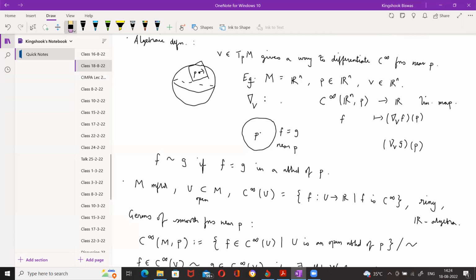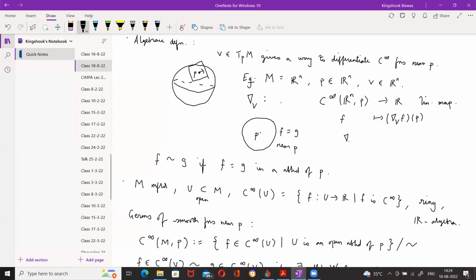It's a linear map, but algebraically, what is the property which captures the fact that this is a derivative? What is the algebraic way of capturing differentiation? Leibniz rule. Leibniz, exactly. So the point is, this satisfies the Leibniz rule.